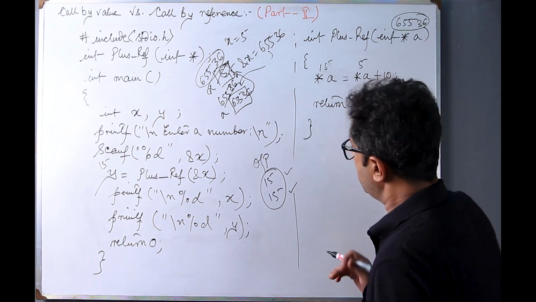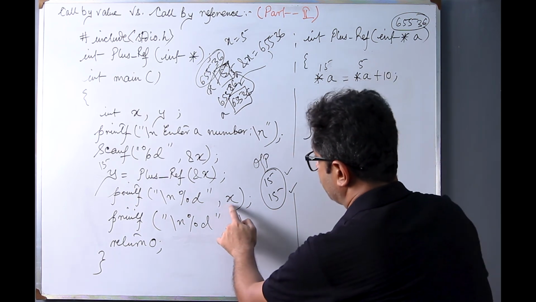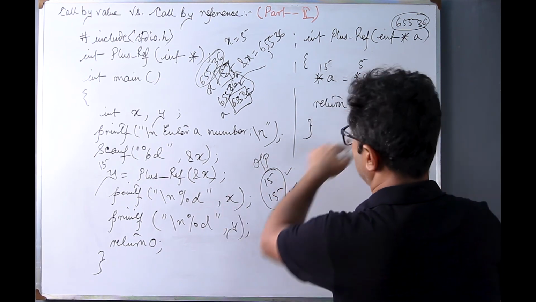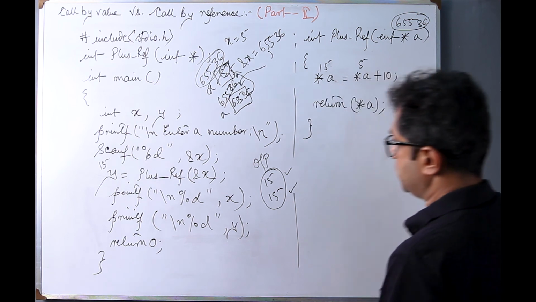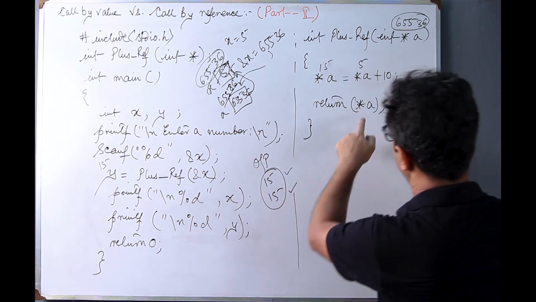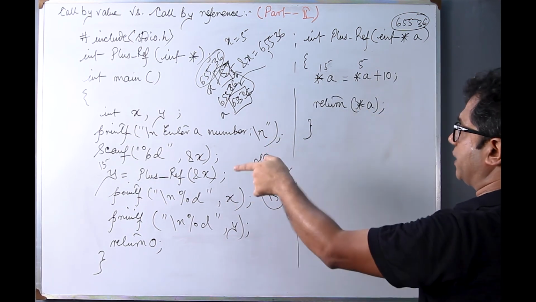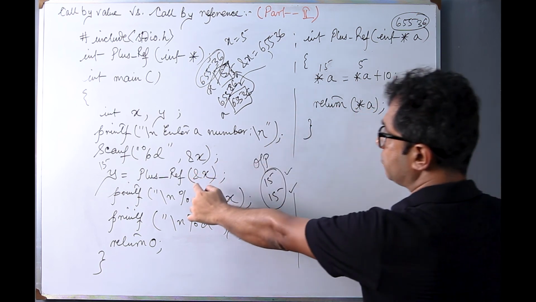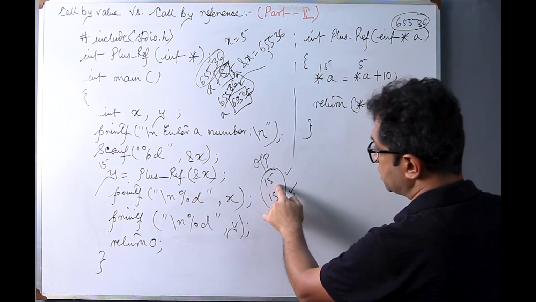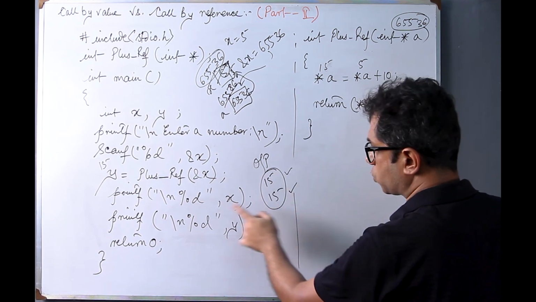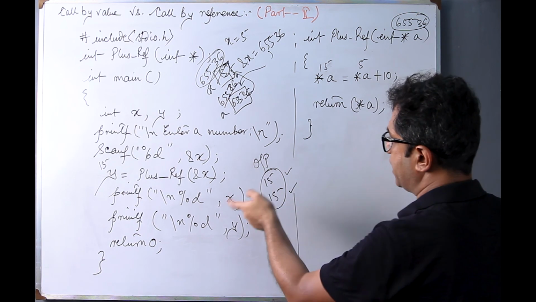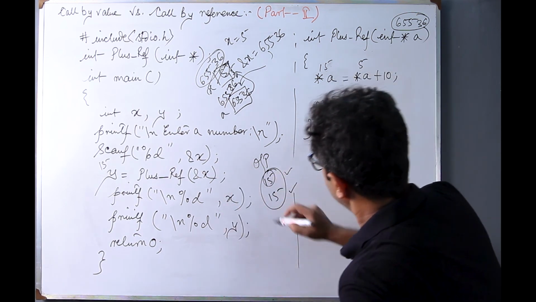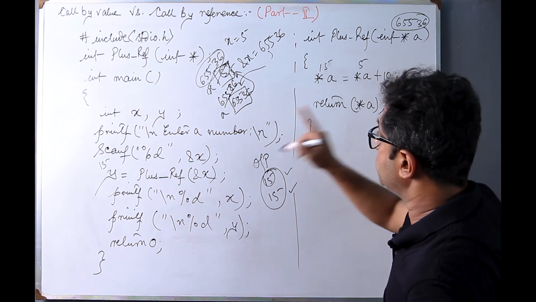In call by value we have seen that x remained unchanged after the function executed, but the y value changed because y returned the modified value, which was nothing but the value of the copy of the variable x. The copy was changed, but the original x was not changed.